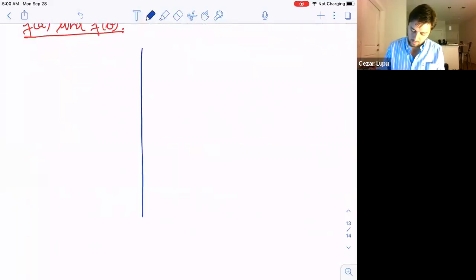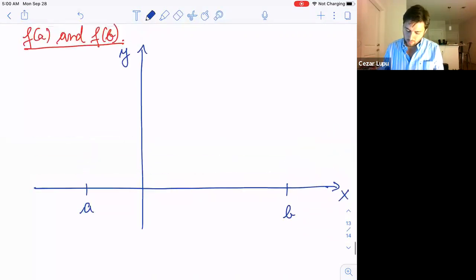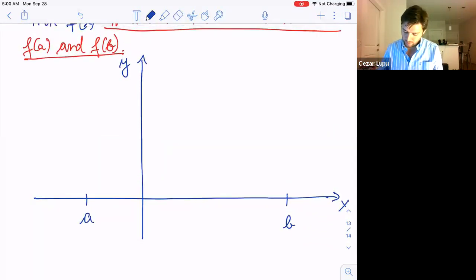So let me draw a big one again, because I want this to make as much sense as possible. Let's say we have here a, and here b. Here we have f of b, and here f of a.